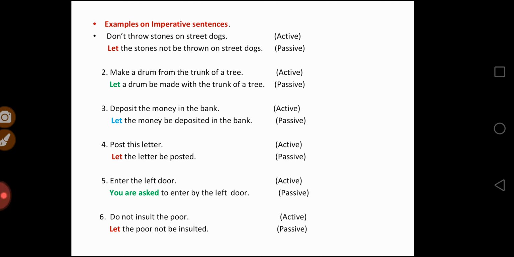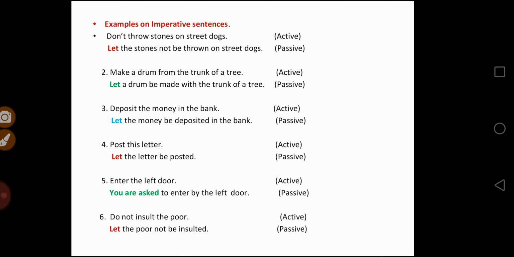Some more examples in imperative sentences. Don't throw stones on street dogs. Let the stones not be thrown on street dogs. Make a drum from the trunk of a tree. Let a drum be made with the trunk of a tree. Deposit the money in the bank.